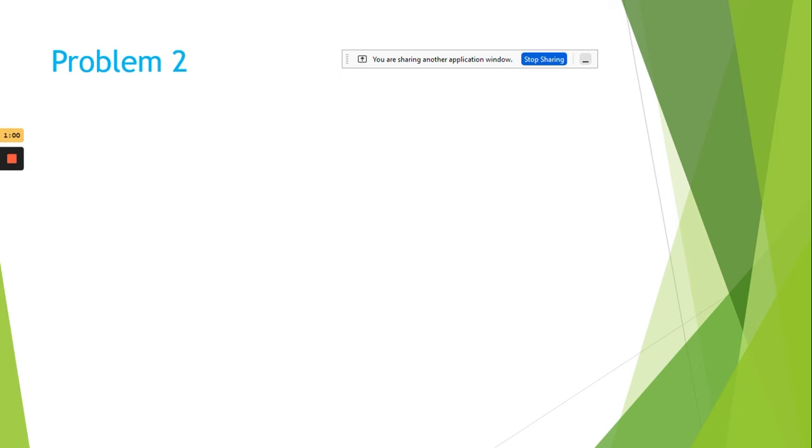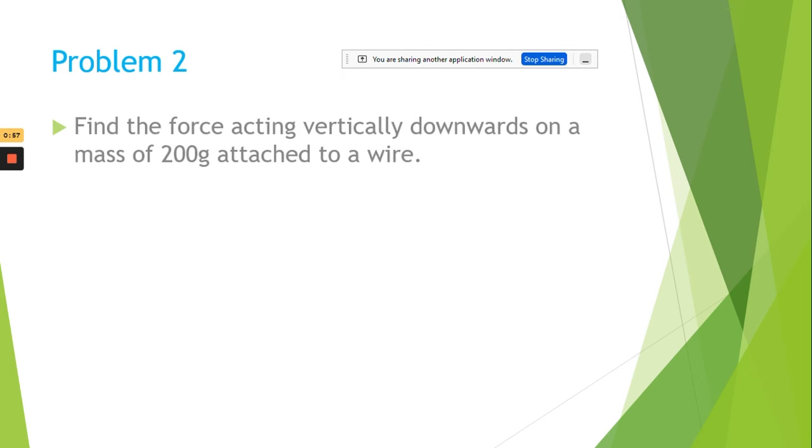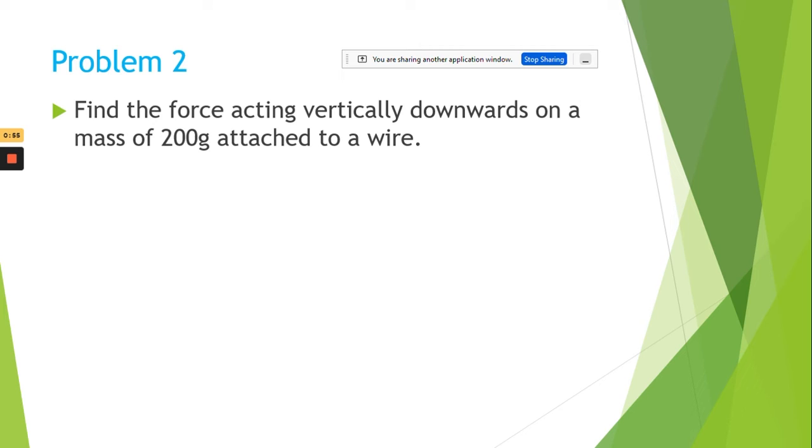Now class, let's approach this problem whereby we have a force acting vertically downwards on a mass of 200 grams, and we are told to find what? The force. So what's the attempt? We apply the formula. Force equals mass multiplied by acceleration. In this case the acceleration is what?